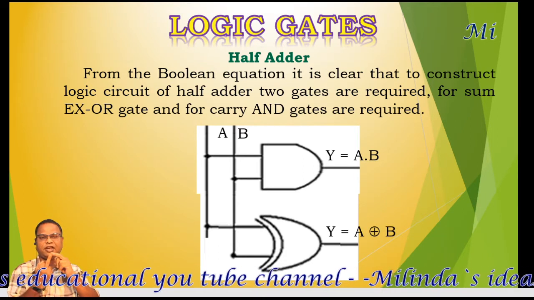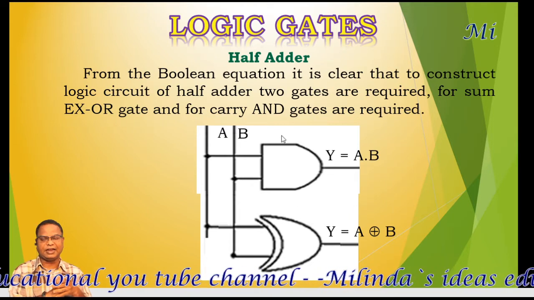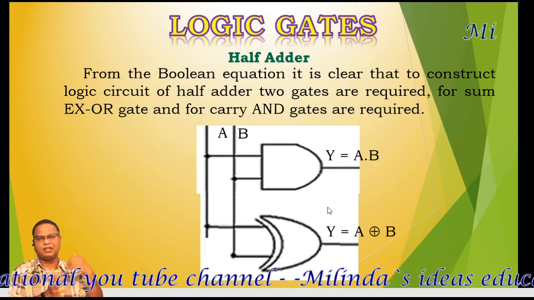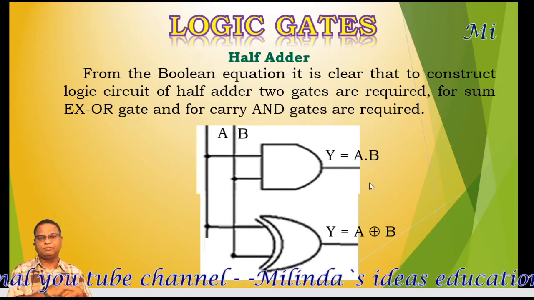First, a 2-input XOR gate, and second, a 2-input AND gate. The output of XOR gate is sum and the output of AND gate is carry.